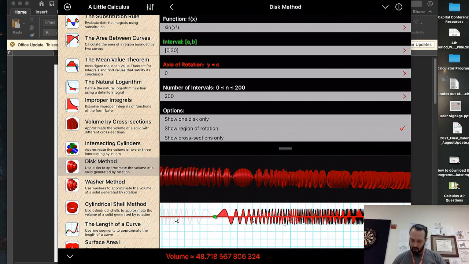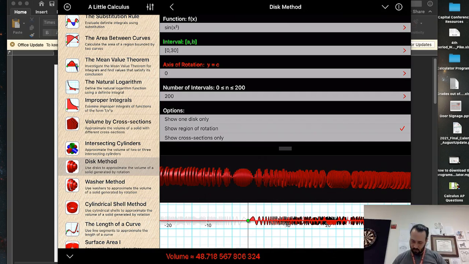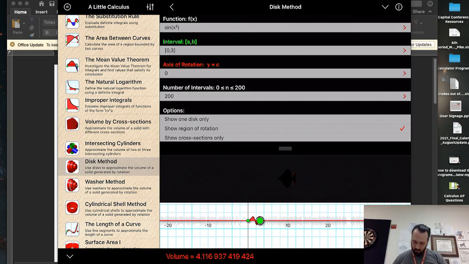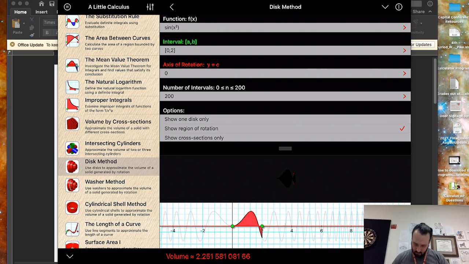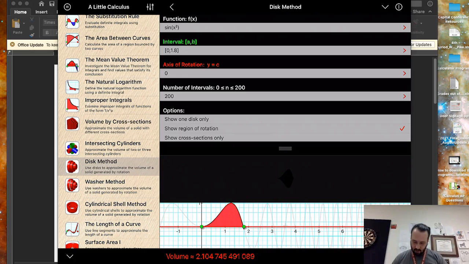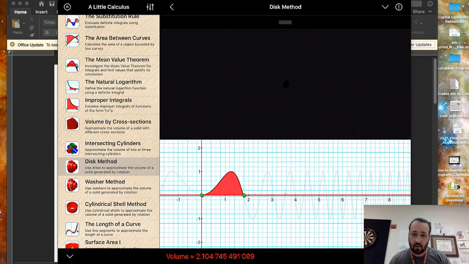But let me make my area smaller. So let's say I just talk about this region right there. It's so dark. It's annoying. I'm going to zoom in.